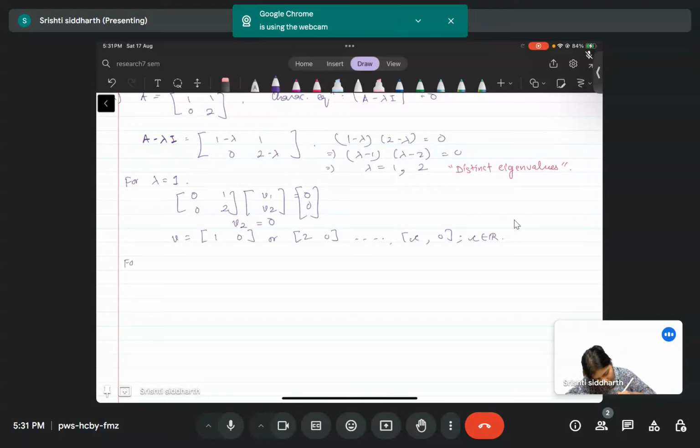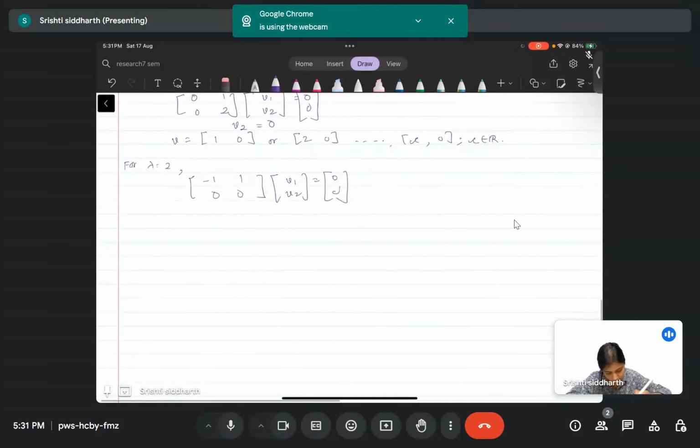For lambda less than 0, this just gives a single condition that minus V1 plus V2 should be 0, or V1 should be equal to V2.